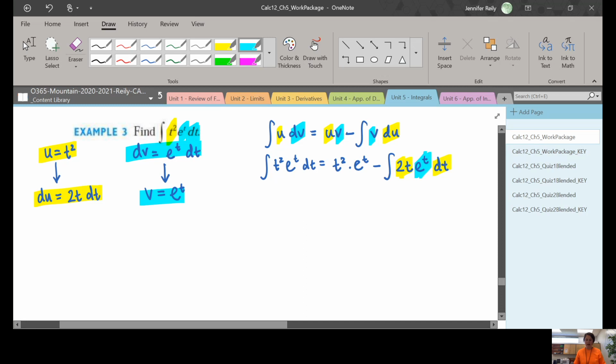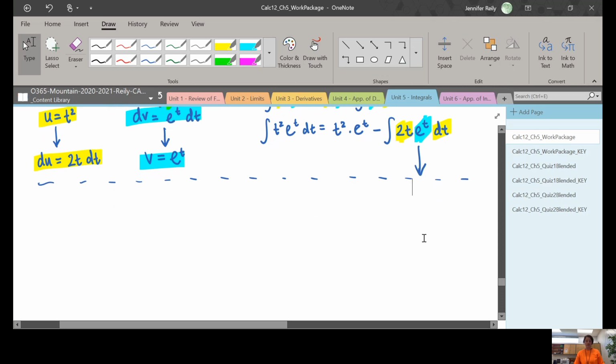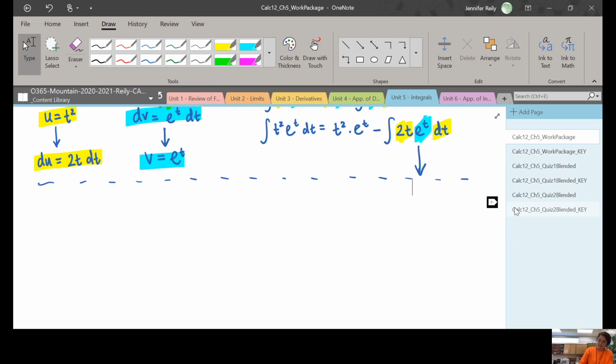Okay, so now I still cannot evaluate this integral because it's still a product of two functions, 2t and then e to the t. So I'm going to apply integration by parts one more time. So I'm going to choose a new u and a new dv and do this integral again.